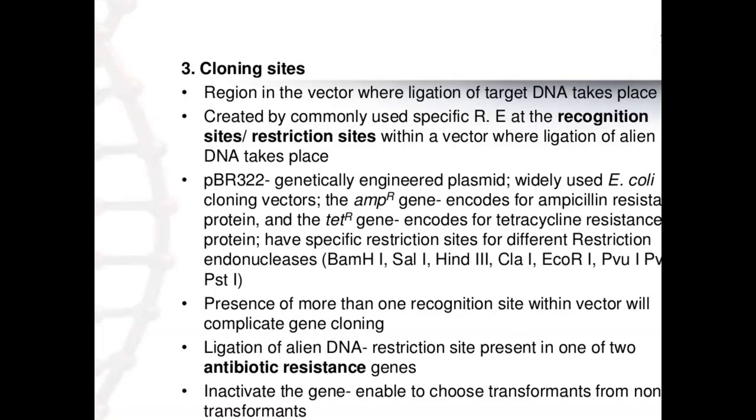pBR322 is a genetically engineered plasmid, made by scientists and widely used in E. coli bacteria as a cloning vector.